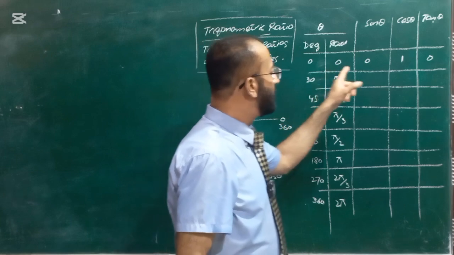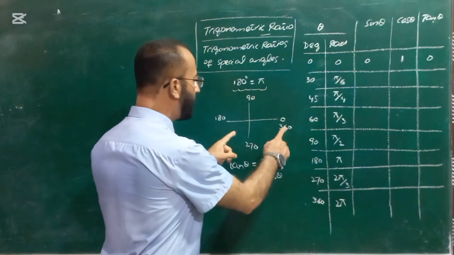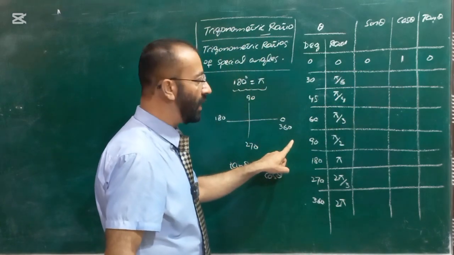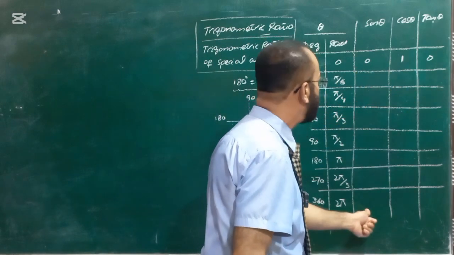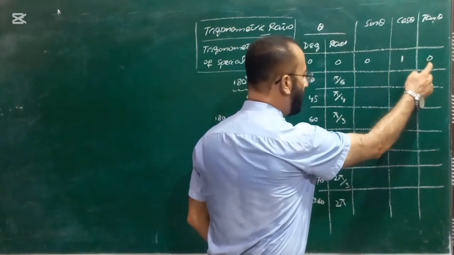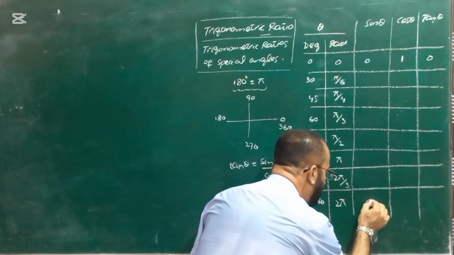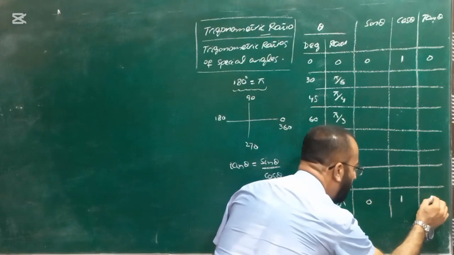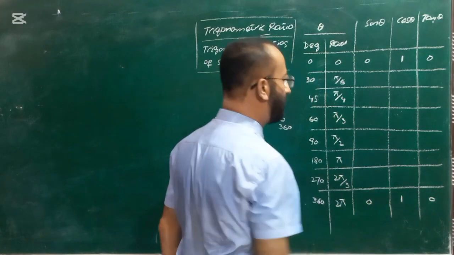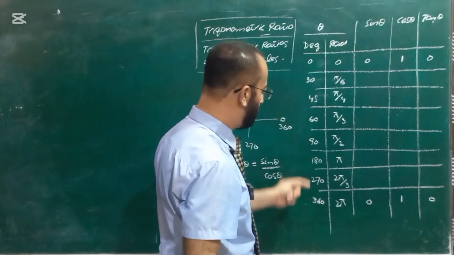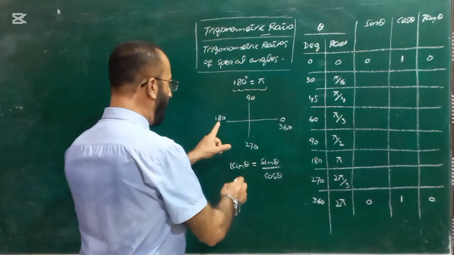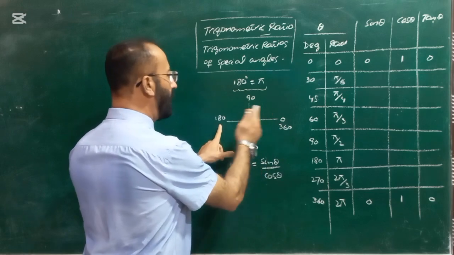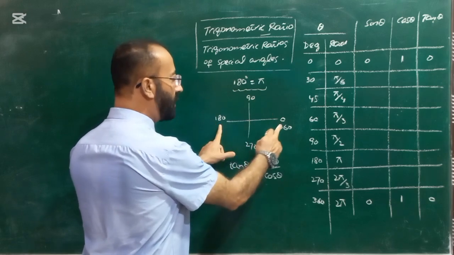So this is the first special angle whose values you should learn. And because 0 and 360 is the same thing, these values will be placed in 360 as well. So look now, 0, 1, 0 will be placed in 360 as well. These two are done. Okay, now look, 180 is totally opposite of 0.